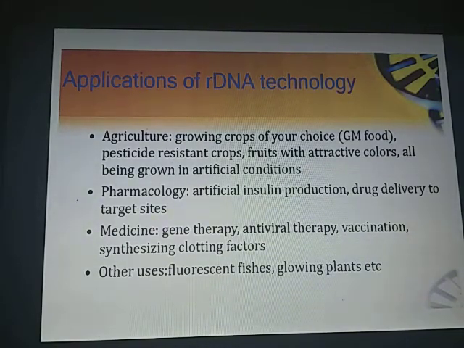In pharmacology, it is used for artificial insulin production and drug delivery to target sites, and in medicine it is used in gene therapy, antiviral therapy, vaccination, synthesizing clotting factors, etc. Other uses include growing fluorescent fishes and glowing plants with the help of recombinant DNA technology.